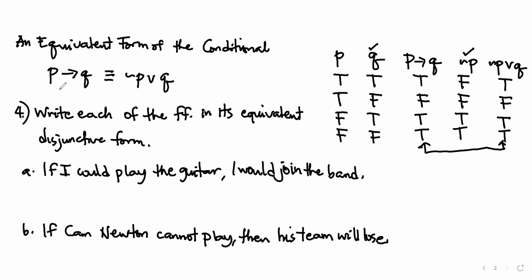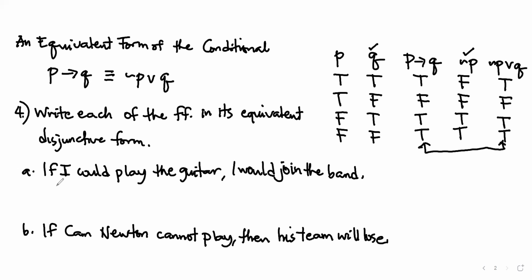The given is in if-then form, so our antecedent is I could play the guitar, and our consequent is I would join the band. So for not P, we're going to negate our antecedent.